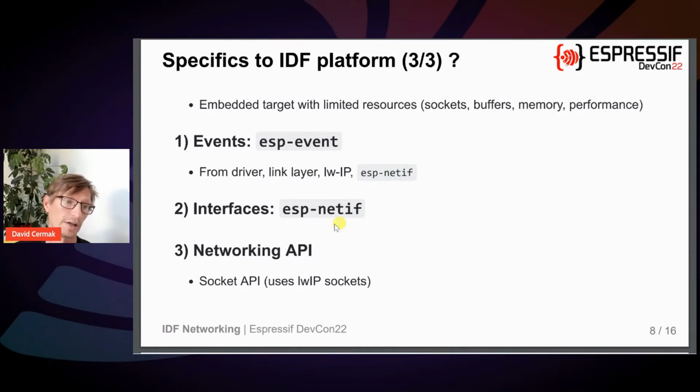The last point is the networking API, which preferably is the socket API or some network library which uses the socket API behind the scenes. But we have to be aware that these are not standard sockets, these are LWIP sockets. There are some subtle differences between classic Unix, Linux or Windows sockets and LWIP sockets.